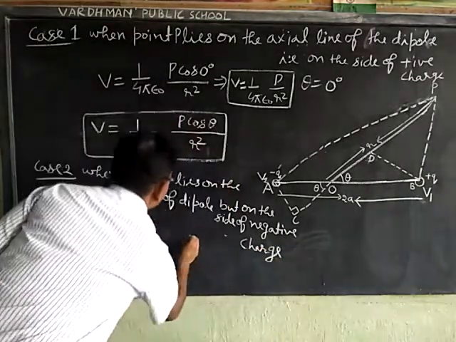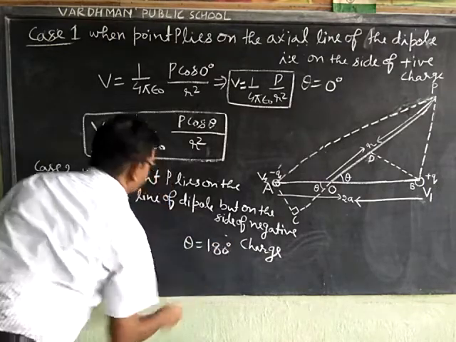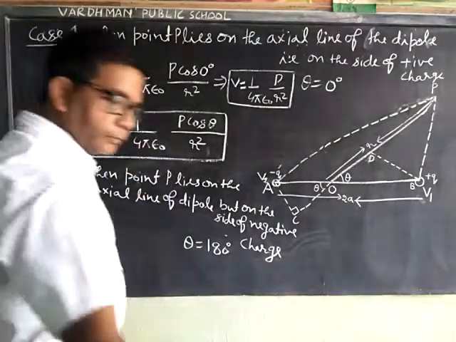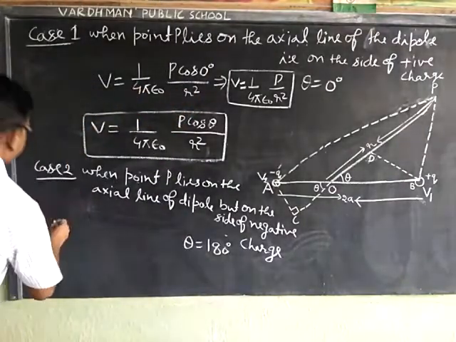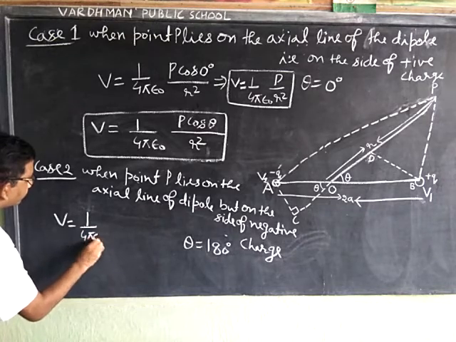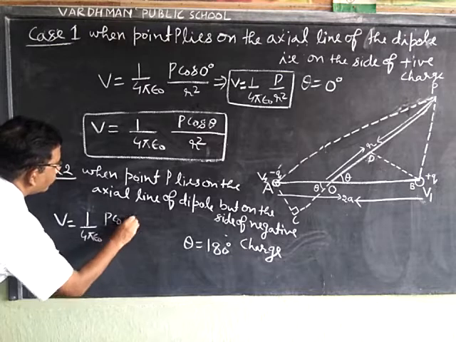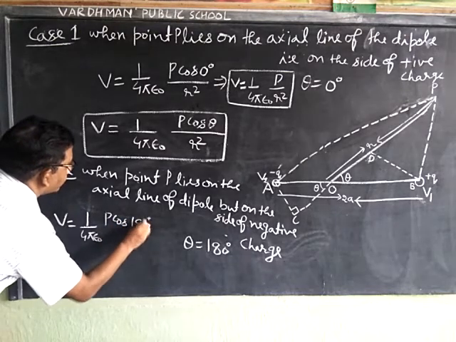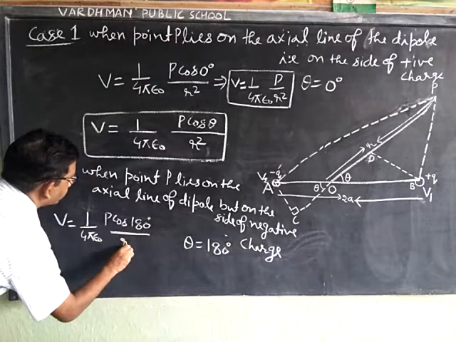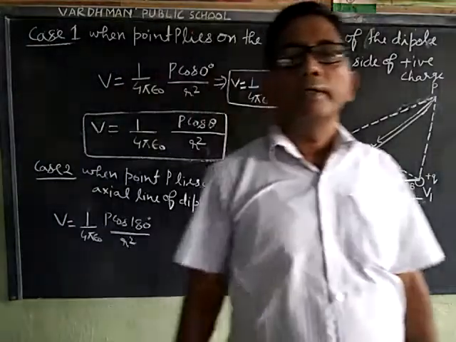Then theta is equal to 180 degree, then V is equal to 1 upon 4 pi epsilon naught p cos 180 upon r square. Now what is the value of cos 180?